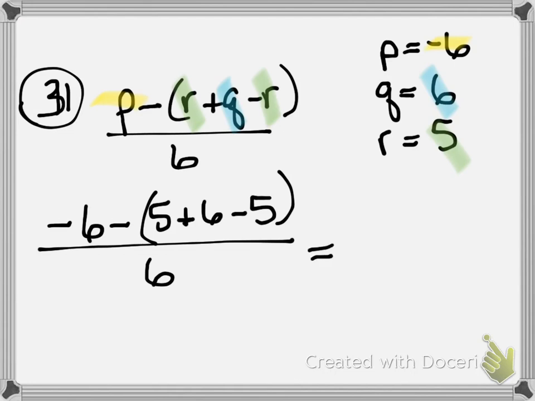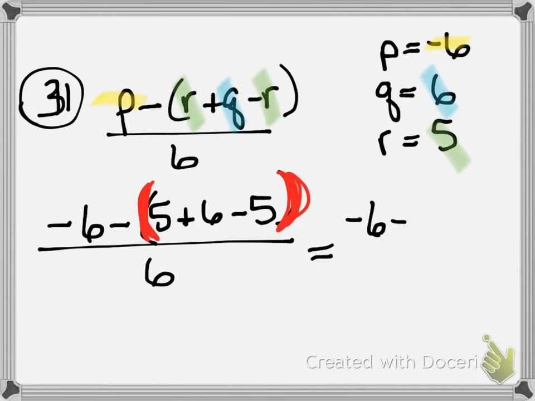Now look at PEMDAS. In PEMDAS it says to do the parentheses first. When you get inside a parentheses, if you have multiple operations inside, you will apply PEMDAS to the parentheses itself. So we do all the addition and subtraction together in one step. There's no multiplication going on in this parenthesis.